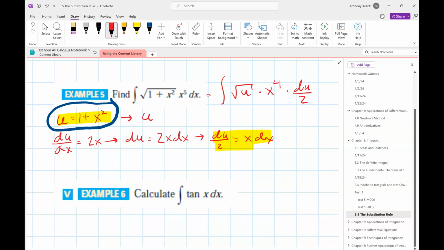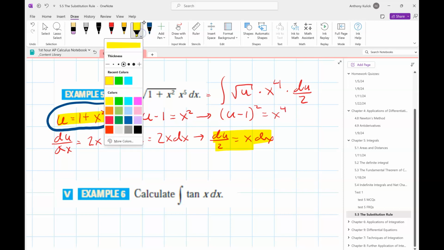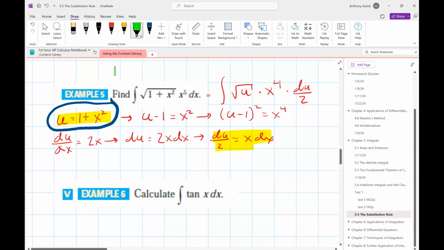So if I subtract 1 from both sides, u minus 1 should be x squared, right? And if I square both sides, u minus 1 squared should be x to the 4th.